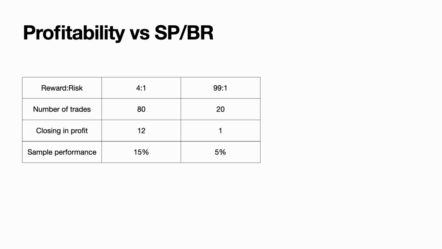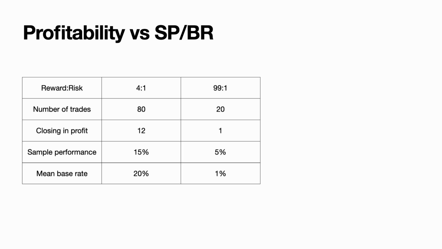So if you look at the sample performance of each of these groups, for the 80 trades, 12 close in profit, and so 12 divided by 80 is 0.15, so 15%. And for the 99-to-1 trades, we have 1 closing in profit out of 20, which is 5%.